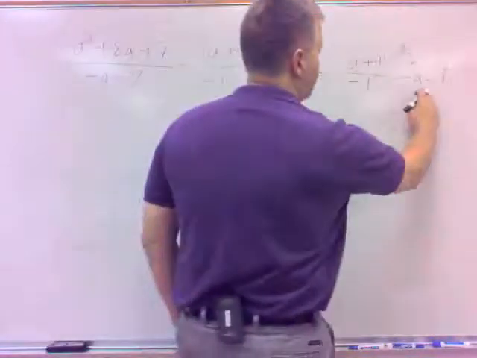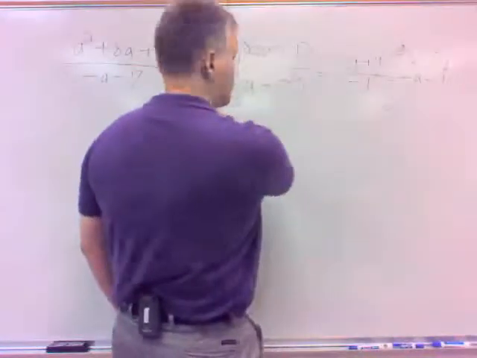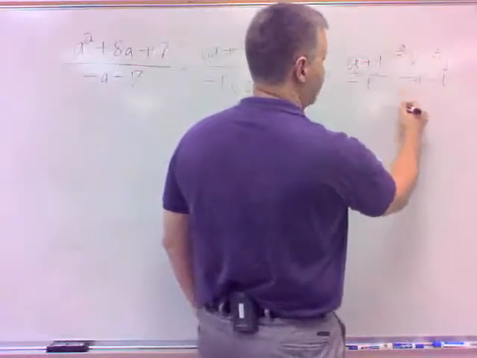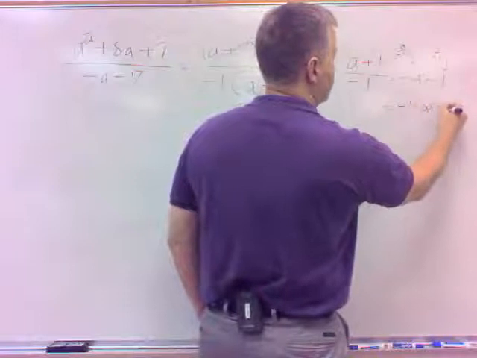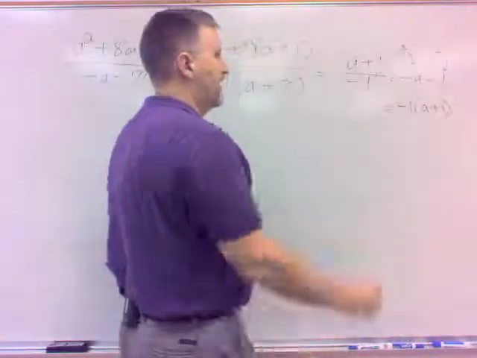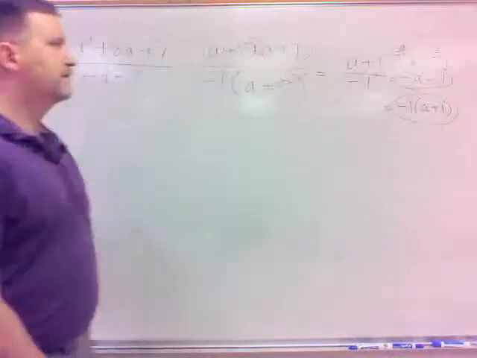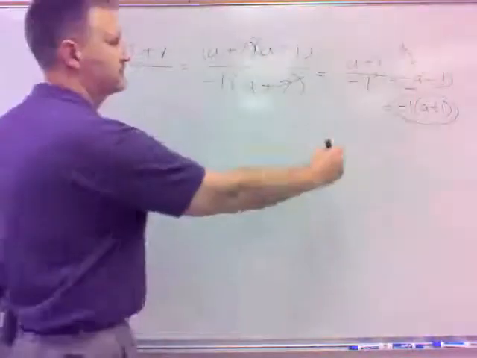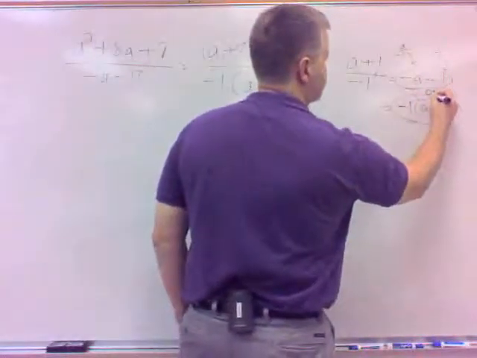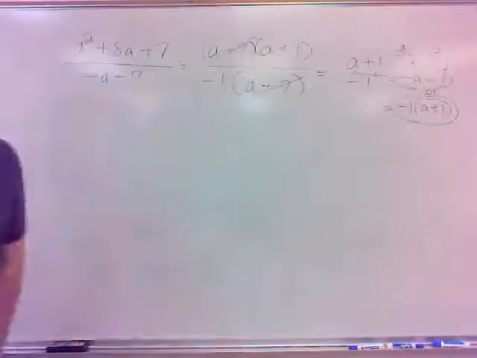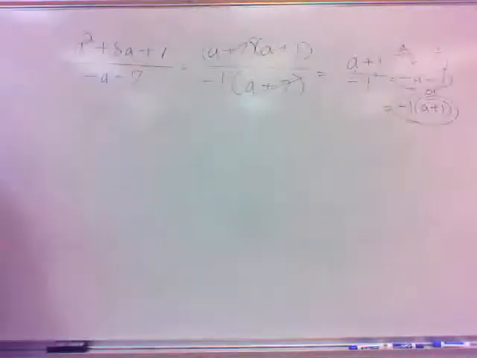And then the other thing is, just like we did with the minus a minus 7, I could say, well, factor off a minus 1 there, and we get that. Either one is usually acceptable. So can we leave it a plus 1 over negative 1?